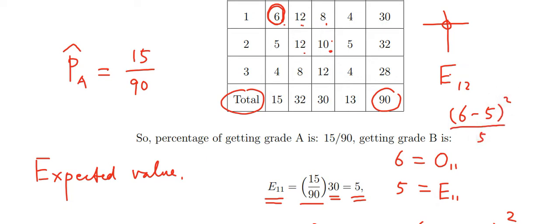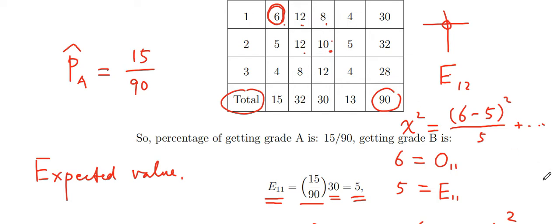This is the first cell, then plus the second cell. We call this chi-square, right? So first cell, second cell, and we have 12 cells.